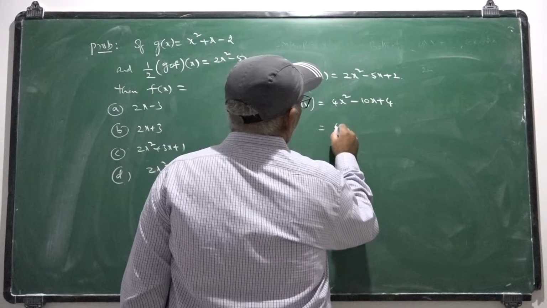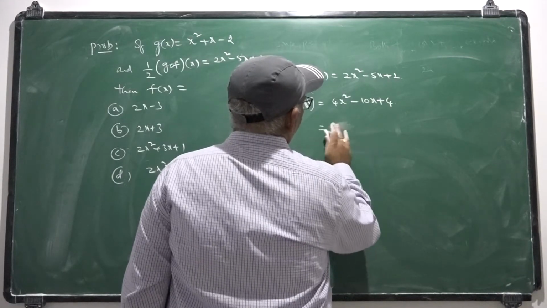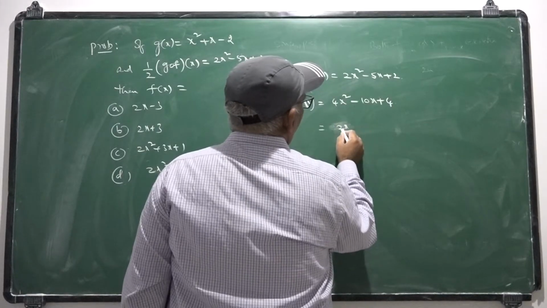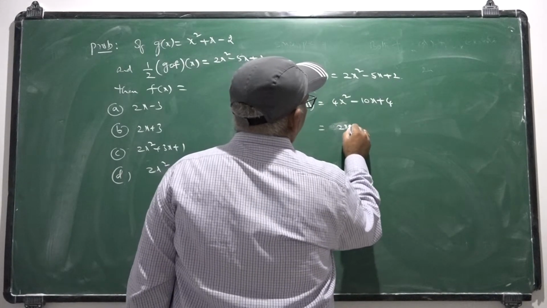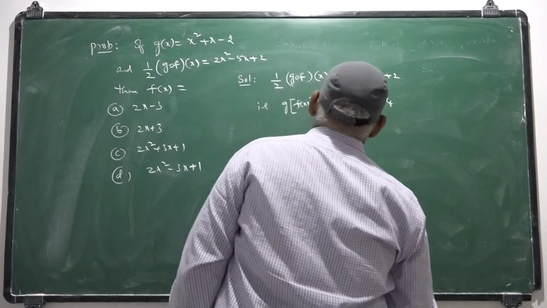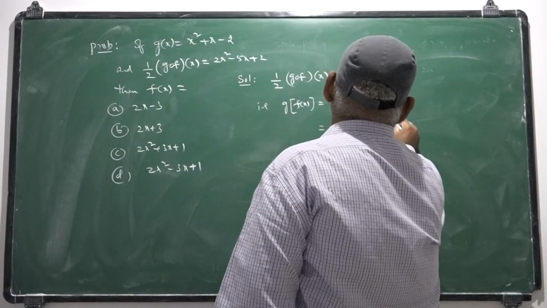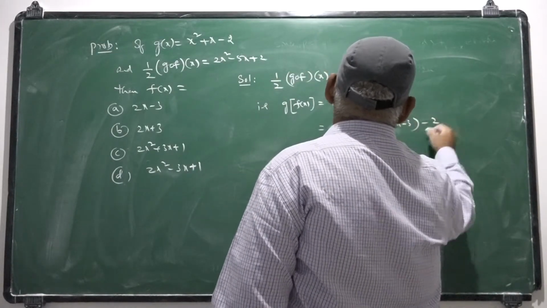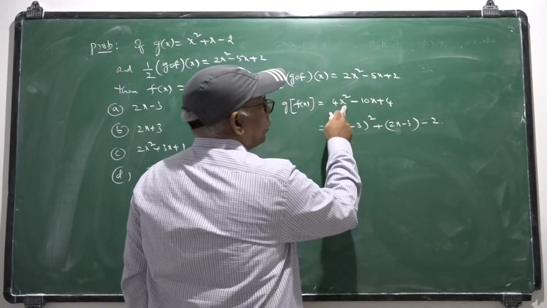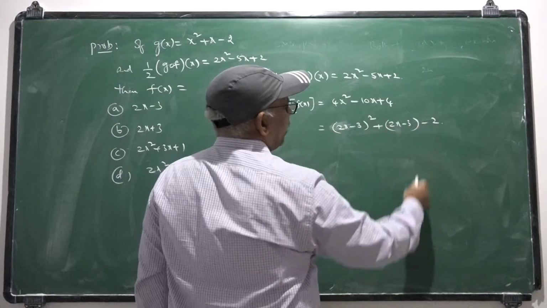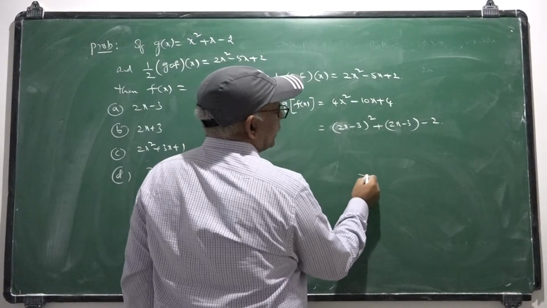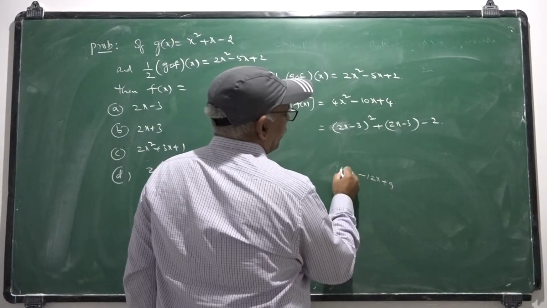Now this is 2x minus 3 whole square plus 2x minus 3 minus 2, because 4x square minus 12x plus 9.